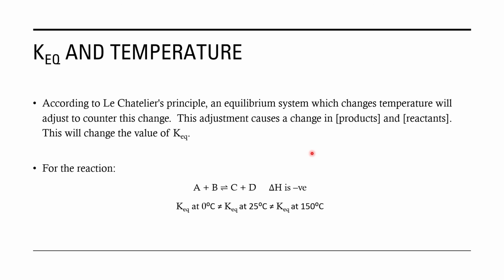So if we're changing our product and reactant concentration, we're going to end up with a different Keq value. So for example, if I have this reaction, with its enthalpy here, that means we can calculate a Keq value for this reaction at 0 degrees, at 25 degrees, and 150 degrees, and those Keq values are going to be different every single time.